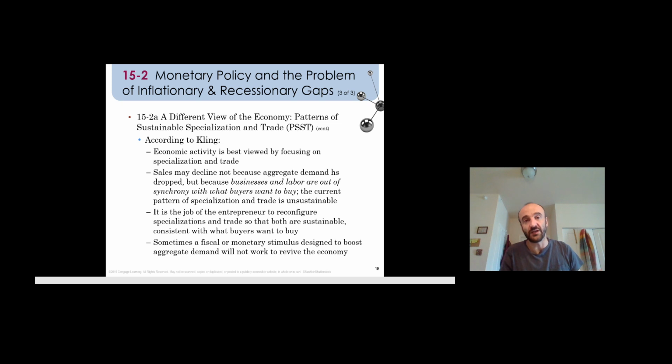So you don't want to do that. If you believe that recession happens because of these structural distortions in the economy, then this Keynesian or monetarist, evenly spread stimulus is a bad thing.